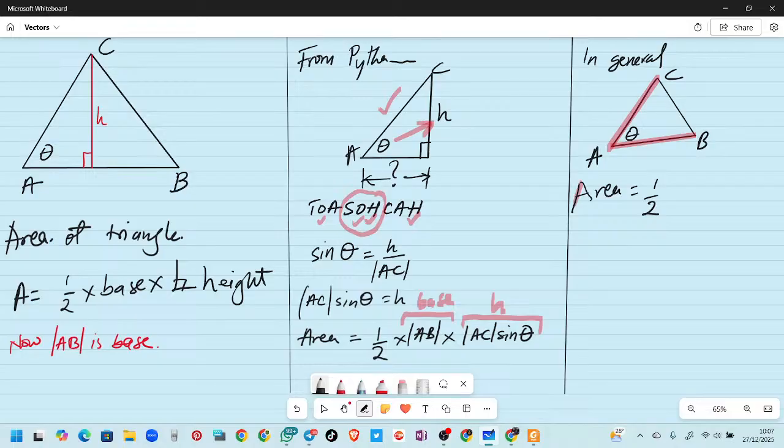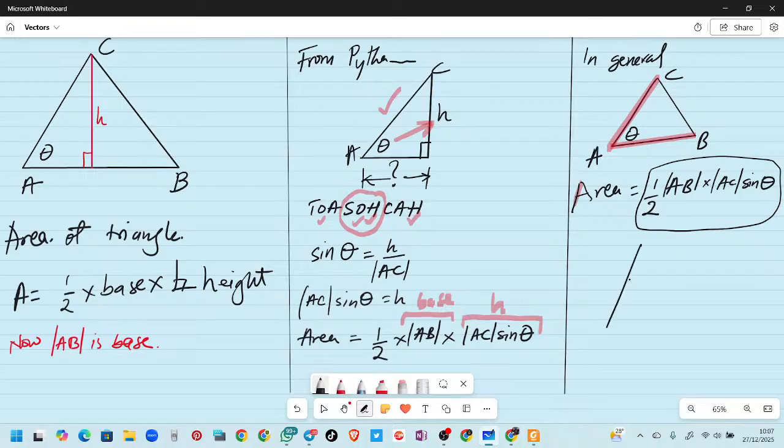So you can say AB times AC, sine of the angle between AB and AC. This angle between two vectors or two lines, we'll come and see it again in the proof of perpendicular vectors. In perpendicular vectors, we'll come and use the same idea. So now you understand why this formula came about.